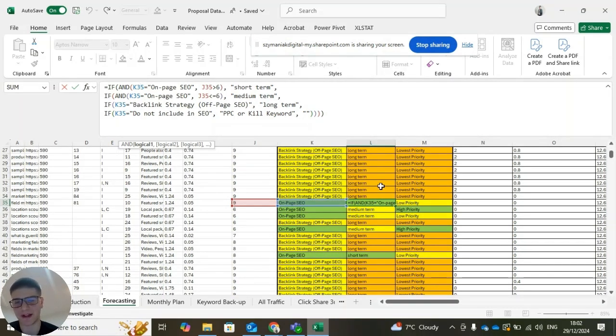And of course, I've also said that if the strategy is off page, then naturally it's a long-term strategy. So what I mean by that is with any client, we would make sure the on-page strategy is on point, and then if we're ranking on a second page, etc., we would increase the authority of that URL by a backlink strategy.